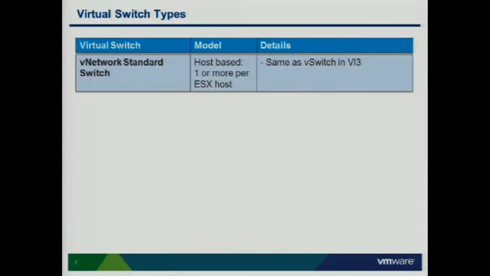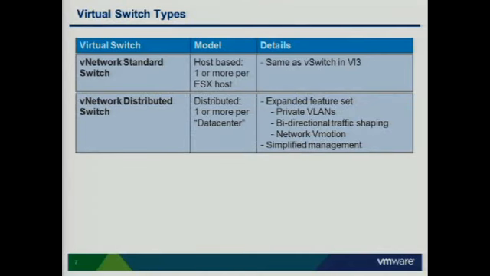The model is host-based, one or more per ESX host, and it's the same as the vSwitch in VI3. And then we have the vNetwork distributed switch. Distributed model, one or more per data center, and it's an expanded feature set. So we have private VLANs, bidirectional traffic shaping, network vMotion, and simplified management.